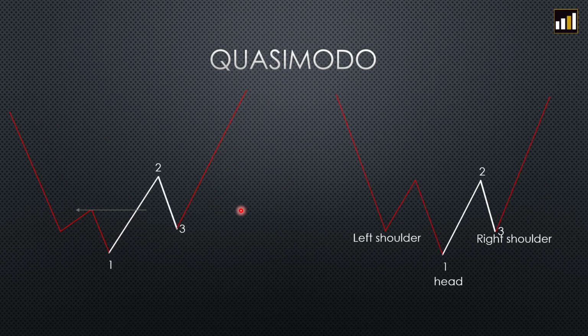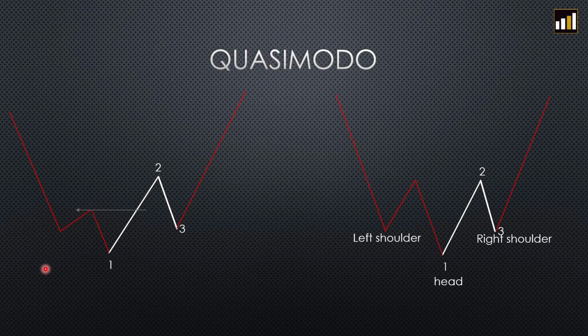Just look at the other version here, the head and shoulders. Price comes down and it goes up and it comes down. Here price comes down, goes up and down, so we are equal. Everything is exactly the same. But look at the difference. The difference between a head and shoulders and a Quasimodo is that leg 1 and 2 doesn't need to break the high, whereas in this case the high is broken.